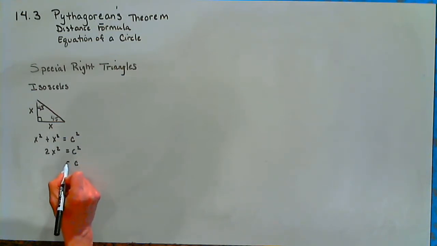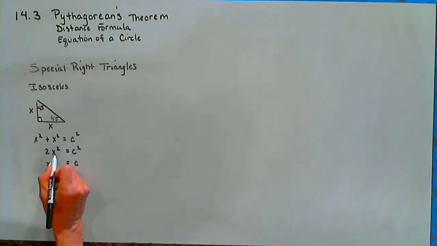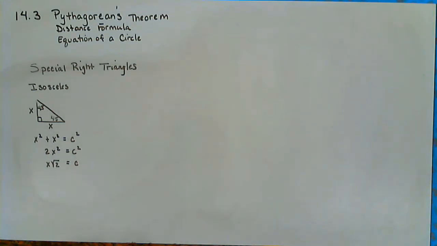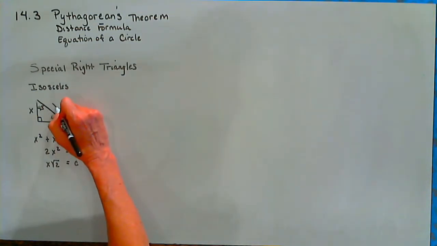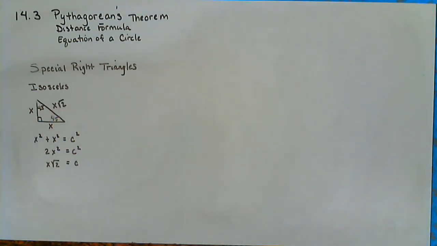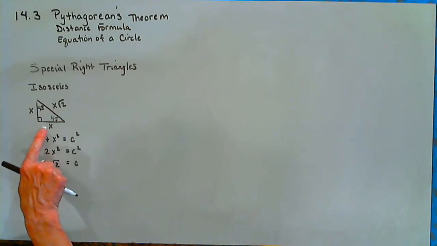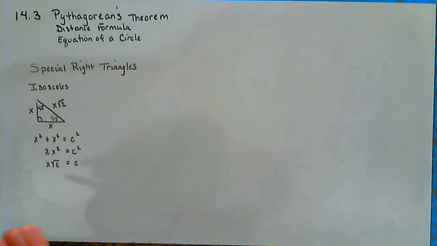If I take the square root, I get x times the square root of 2. So what's really nice about a 45-45 is if we know what the two sides are, all we have to do is multiply by root 2.